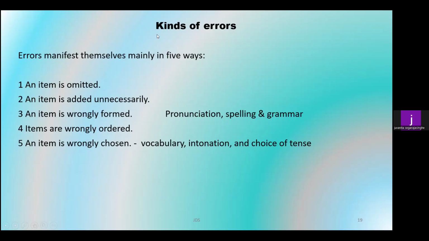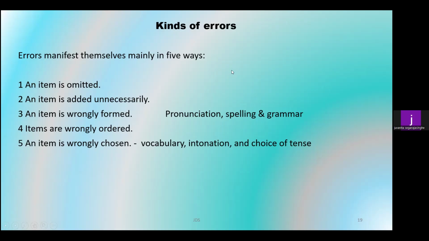Then you have the different kinds of errors that can be seen mostly in the written work of a learner, right? So there are basically 5 kinds of errors. There are many errors, but they are classified under these 5 categories. An item omitted, right? So, for example, a preposition. I went school.